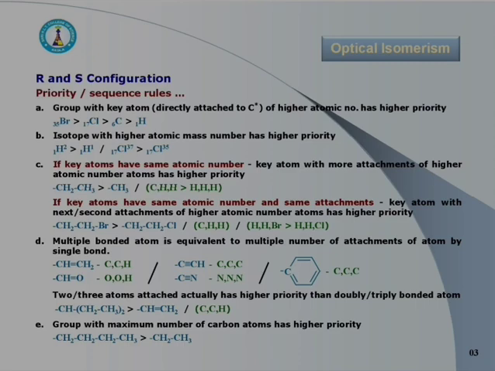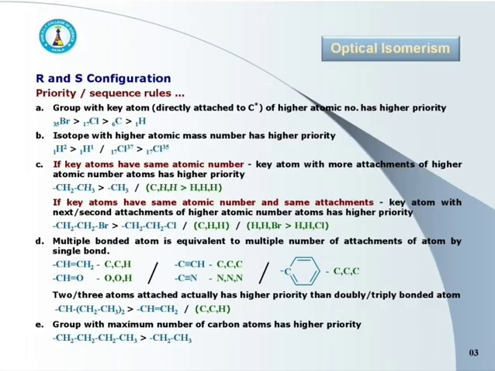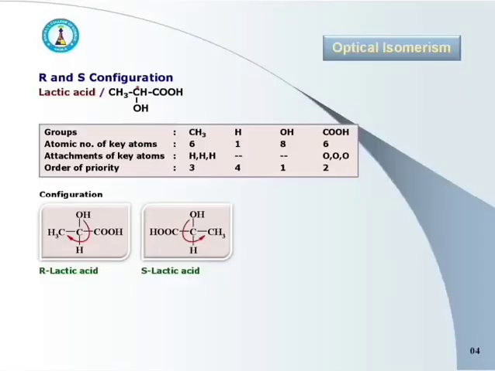Using all these rules, we may assign the R or S configuration to different molecules. Let us study the R and S configuration of some compounds. The first one is lactic acid, having the formula CH3CHOHCOOH. Here, the 4 different groups attached to the central asymmetric carbon are CH3, H, OH and COOH.